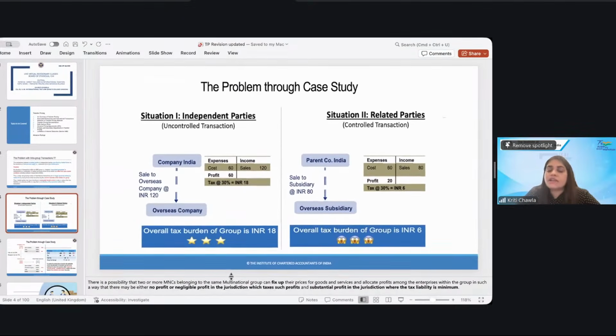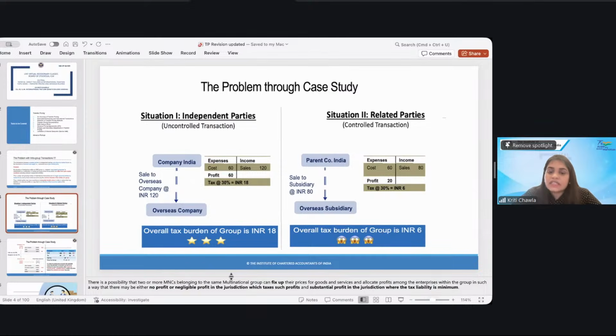And this, as I mentioned, is something called a tax avoidance strategy. How did this tax avoidance strategy happen? Well, this tax avoidance strategy happened because they were able to manipulate their transfer price from 120 rupees to 80 rupees.